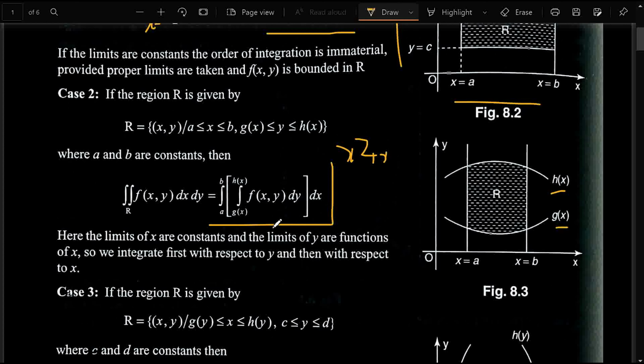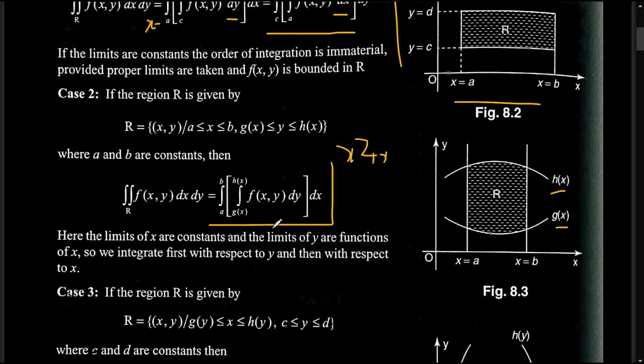The limits which are variables should be solved first, and then the integral having constant limits has to be solved. So this is the procedure: first the variable limits are solved, and then the constant limits.